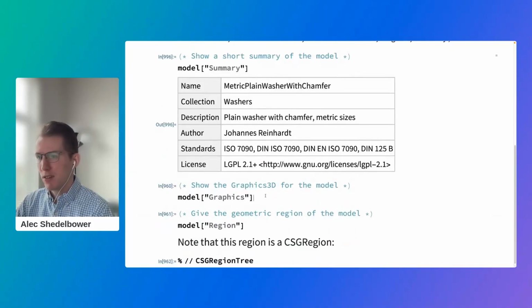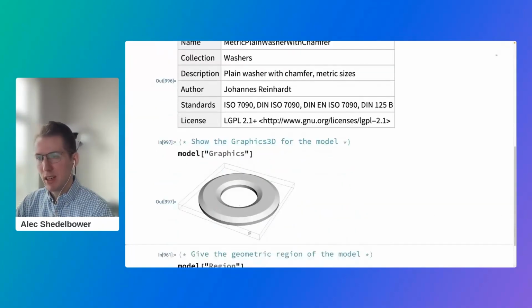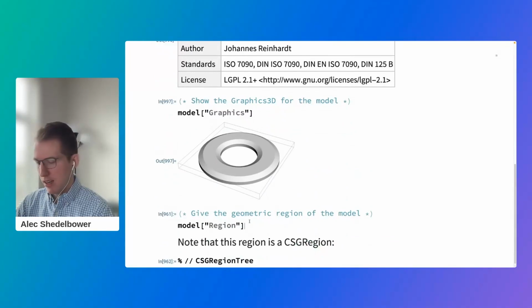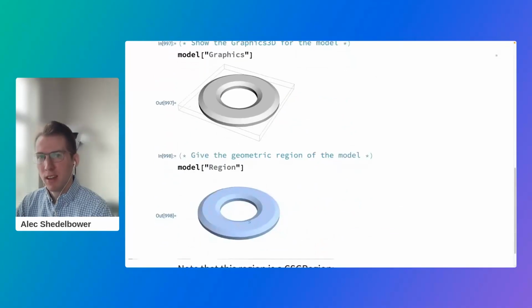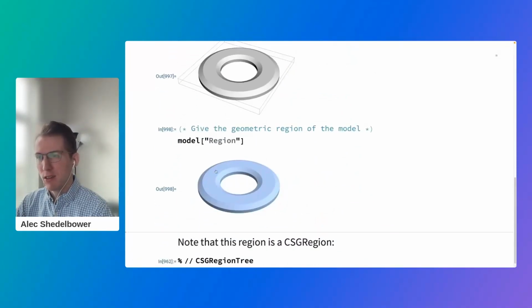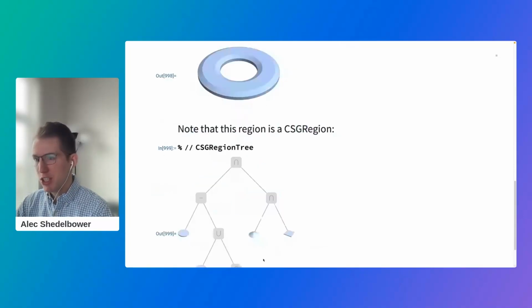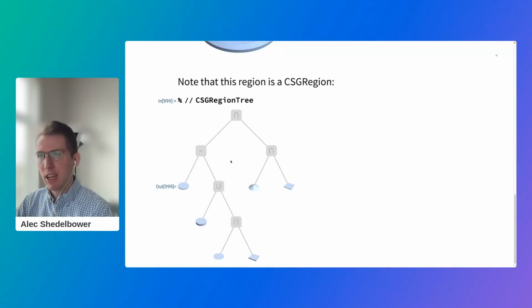We can also get the graphics object if you want to view that, and more importantly, the region. This is an actual CSG region, as I mentioned before, and since it's a CSG region, we can look at its underlying tree structure and see the primitives it's made of.